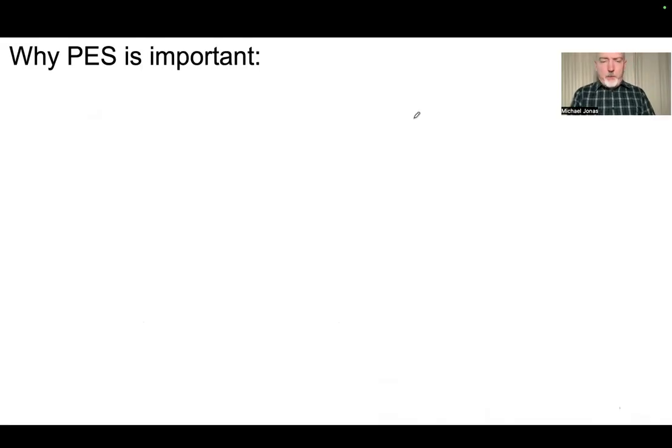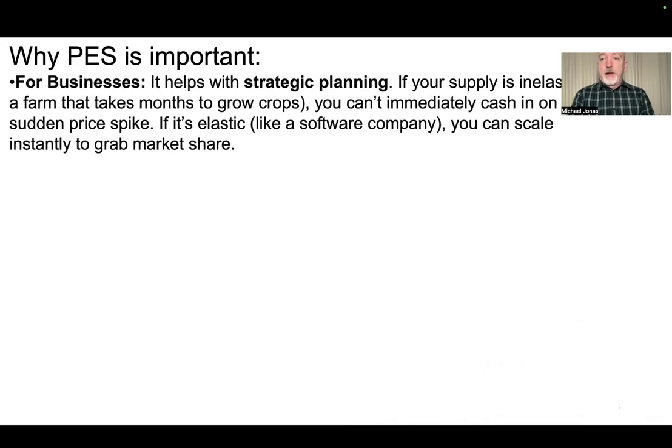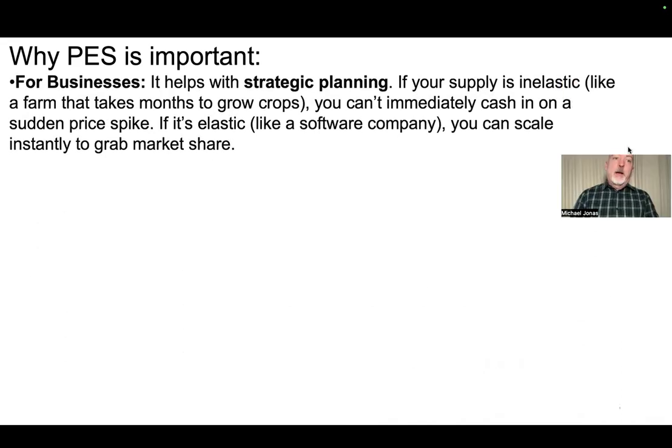So to wrap up our little discussion here, just thinking about, again, motivating why this is useful information to have from different points of view. From the business, quote unquote, perspective, knowing the price elasticity of supply for your product and competitors' products is going to help with strategic planning. So if your supply is highly inelastic, say, for example, in agriculture, the price of a crop goes up.